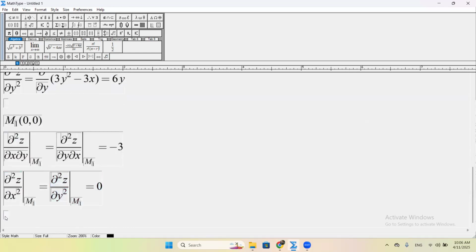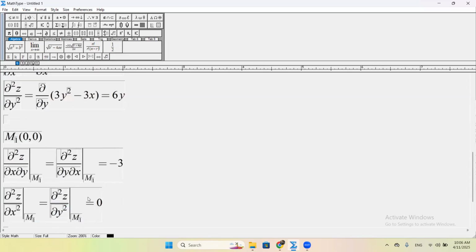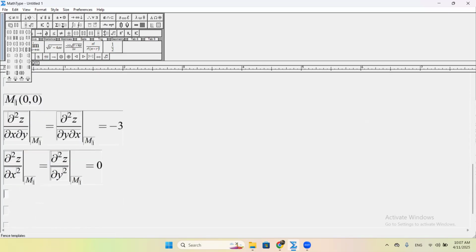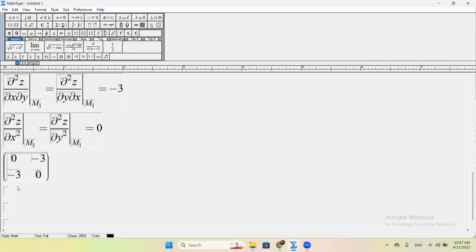And now we received the following matrix. It will be the matrix of the quadratic form of the second differential.